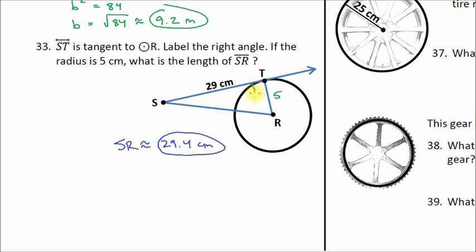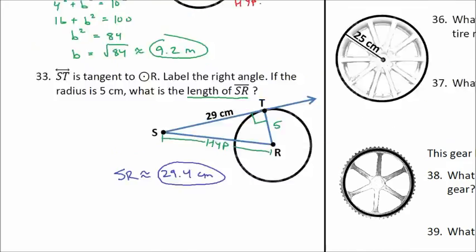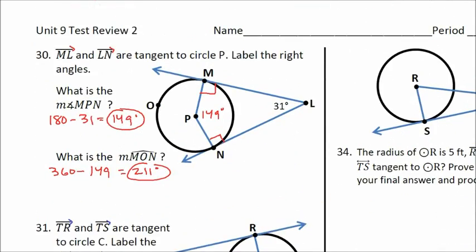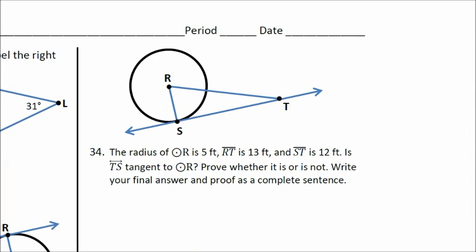We know this is our right angle, and we know this is our hypotenuse, and its hypotenuse goes all the way. So don't worry about it on this one. It's a little bit different than 32. We don't have to figure out what this part is right here as the radius. We're looking for the total length of SR here. So use Pythagorean theorem, and you should get 29.4 centimeters. Take a look at the next question. Question number 34.